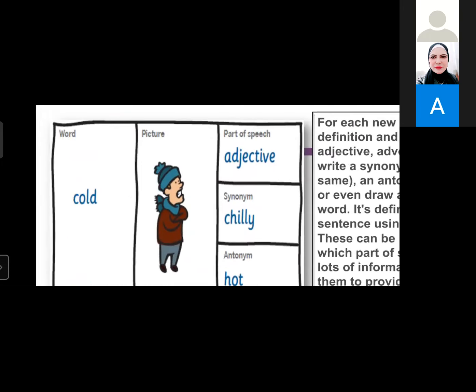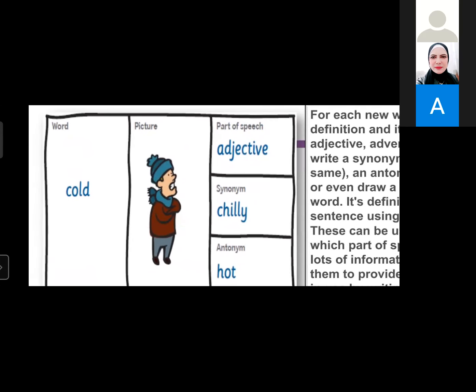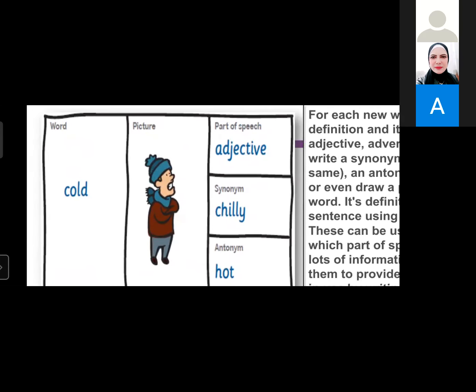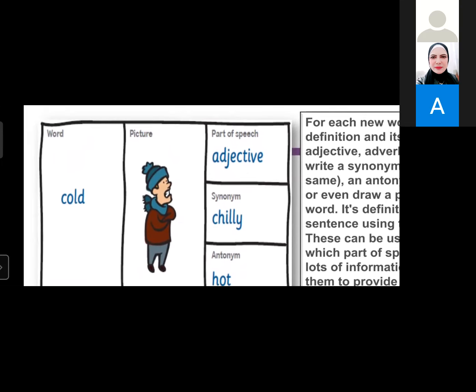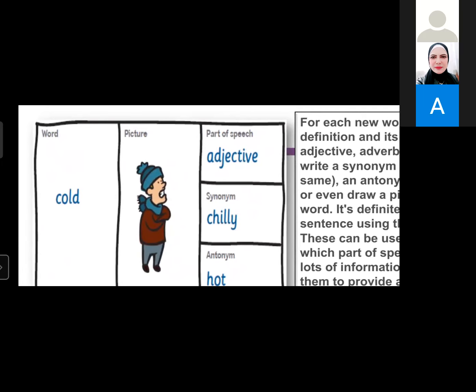So I think using diagrams can be very effective and very beneficial if we use the diagram in a way like this. Writing the word, sticking a flashcard to show the meaning of the word without any use of the Arabic language or the mother tongue.